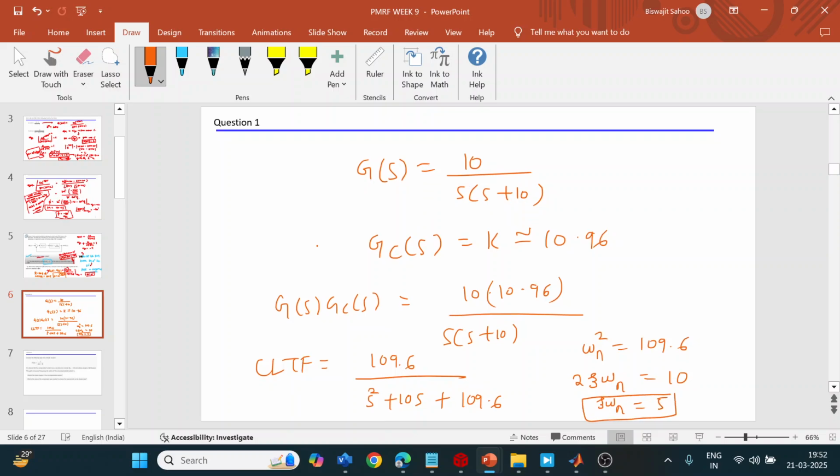And in that question it is giving the 2% settling time. 2% settling time means it will be 4 times the time constant. I'm just writing it here on the right hand side. 4 times time constant is nothing but 1 by zeta omega n.